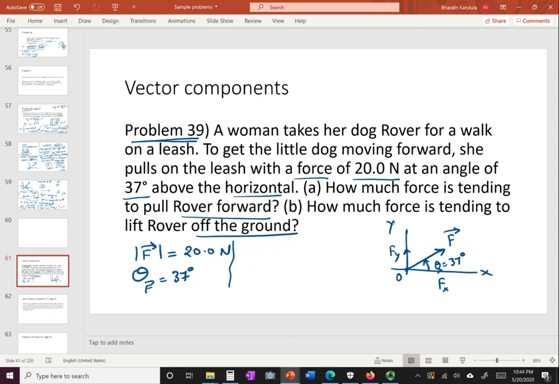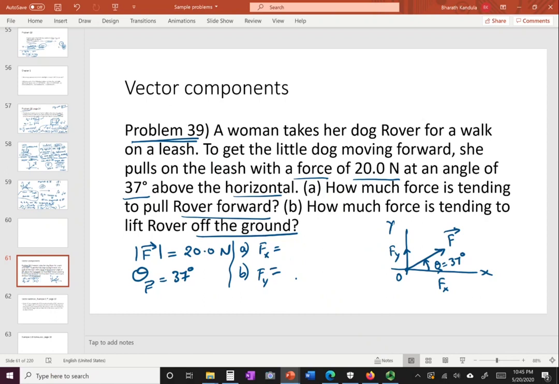The first part of the problem asks how much force is tending to pull Rover forward. So how much force is the dog experiencing in the x direction, that is Fx. That's the first part. The second part is how much force is tending to lift Rover upwards. This is the upward force, the y component of the force.